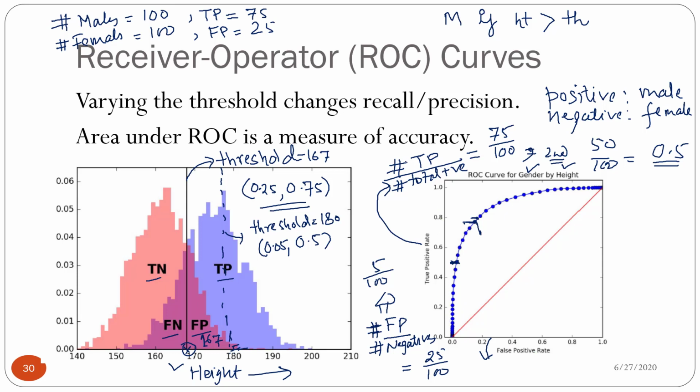And what is true positive rate? It is the number of true positives divided by the total positive samples that we have in our example. And false positive rate is the number of false positives that our classifier is giving divided by the number of negative examples that we have.